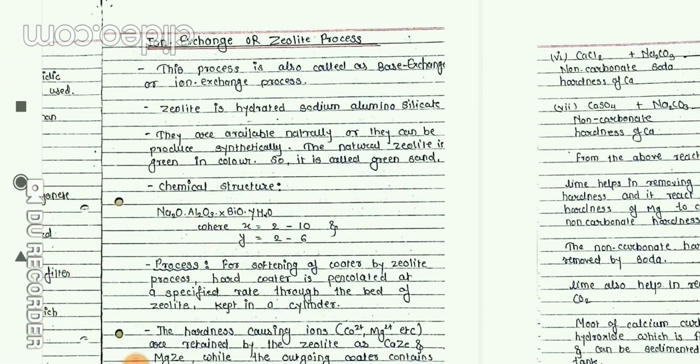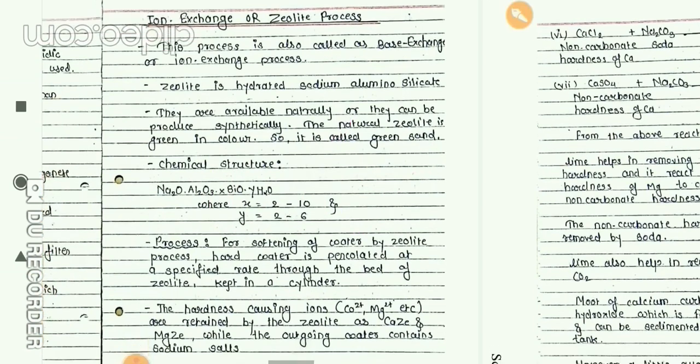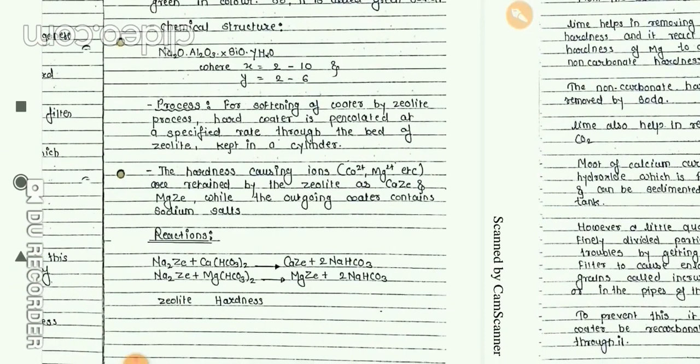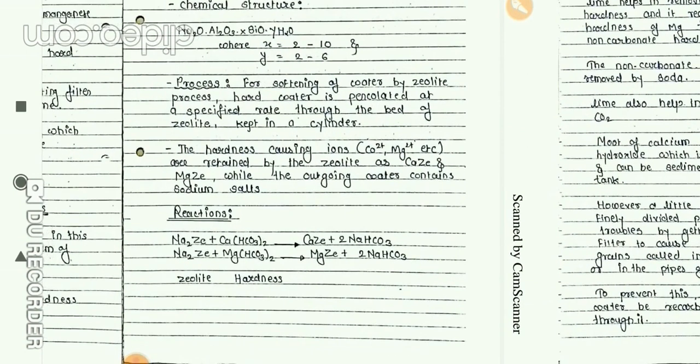X can be between 2 and 10, and y molecules may be 2 to 6. So zeolite can be used for softening. Here we can remove the ions of calcium and magnesium using zeolite. The reactions are given.